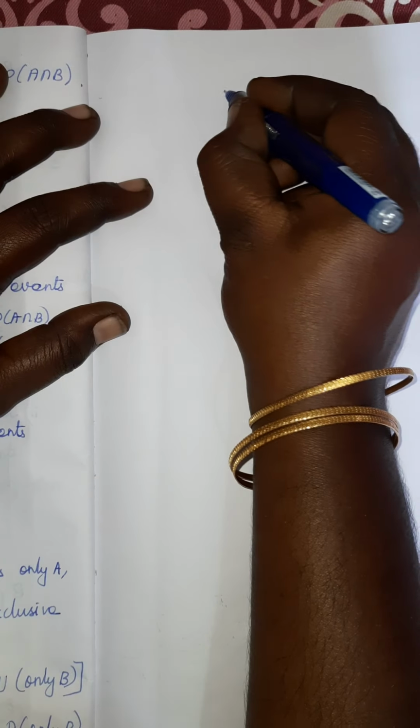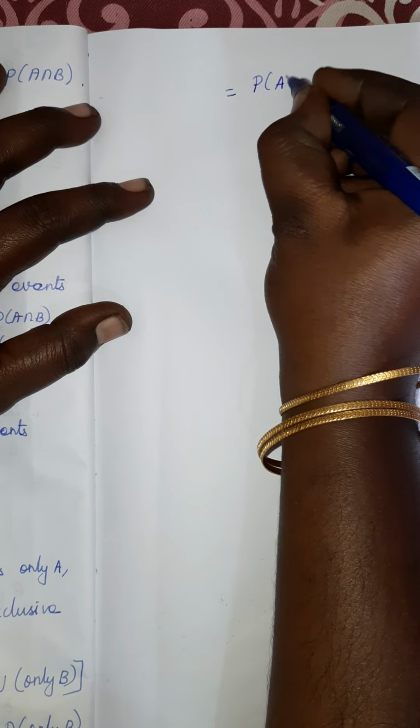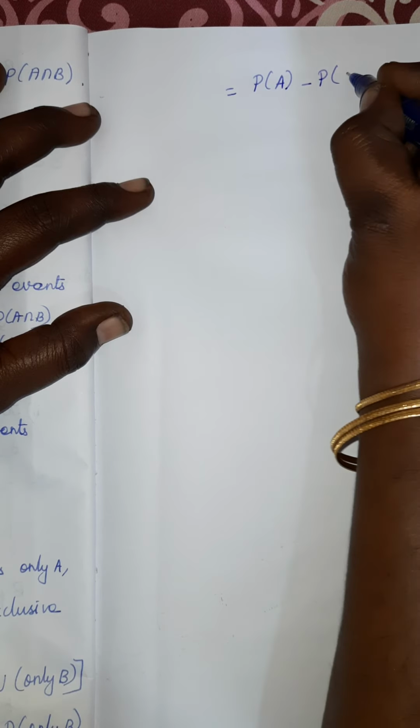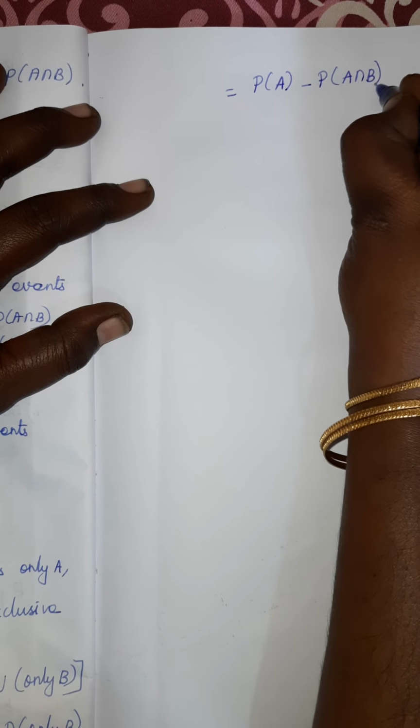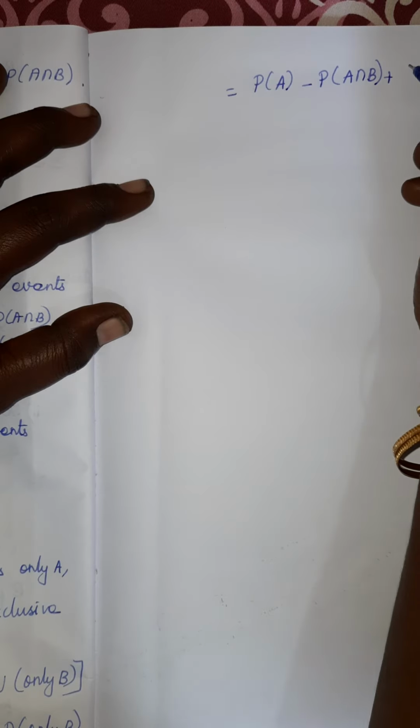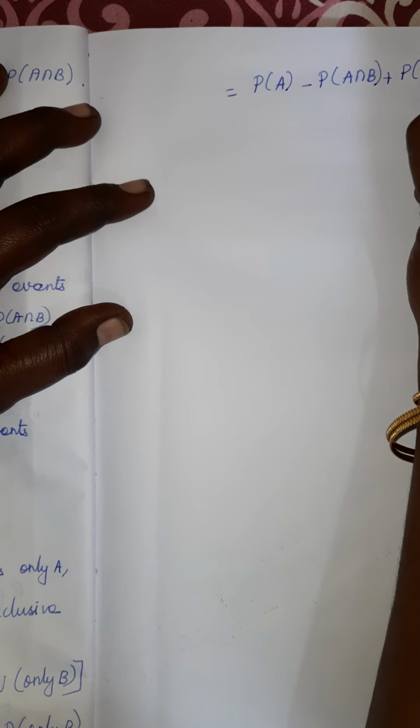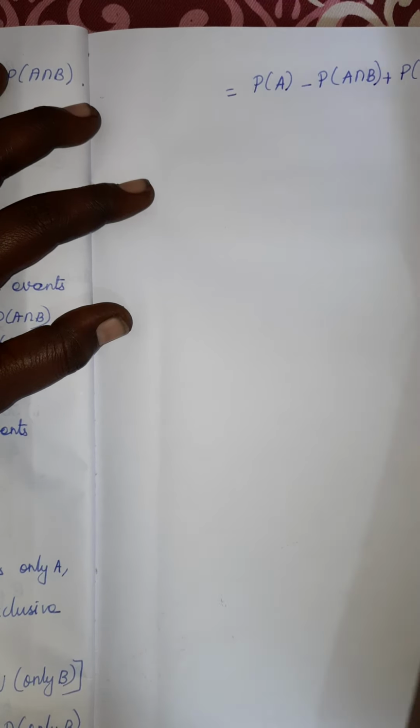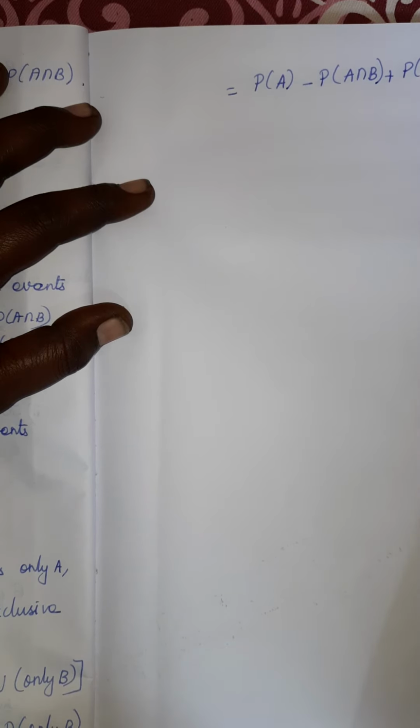That is equal to probability of A minus probability of A intersection B plus probability of A intersection B plus probability of B minus probability of A intersection B.